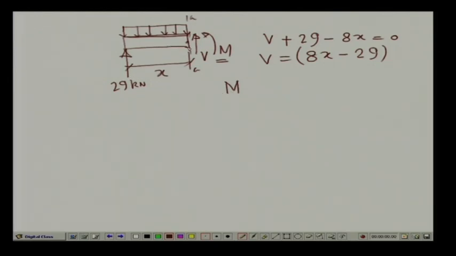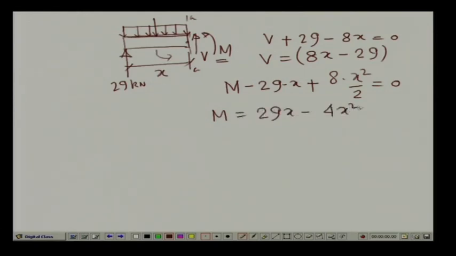Now, R A will cause a moment in the clockwise direction, so minus 29 into x, and the load will cause a moment in the anti-clockwise direction, so this is plus 8 into x by 2, so 8 into x square by 2, and this is equal to 0. So, the bending moment is equal to 29 x minus 4 x square. So, this is the value of the shear force, and this is the value of the bending moment.